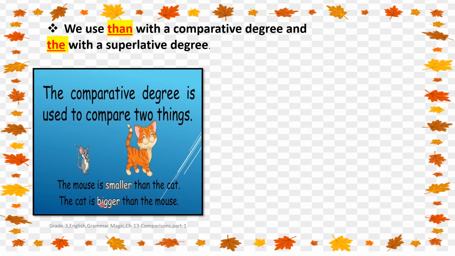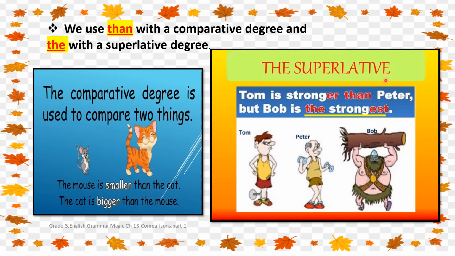The cat is bigger than the mouse. Not biggest. Here we are comparing only two things. Whenever we are comparing two things, always use er and then use than after the comparative degree. The superlative. Tom is stronger than Peter, but Bob is the strongest.